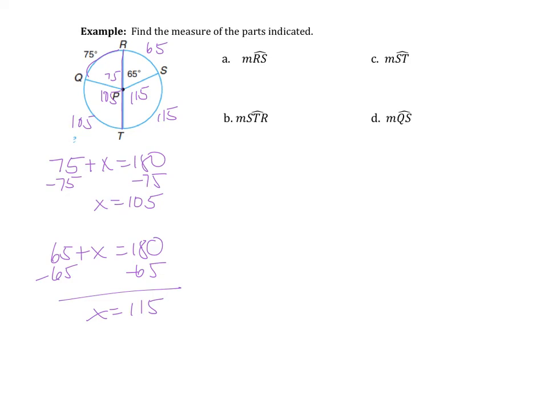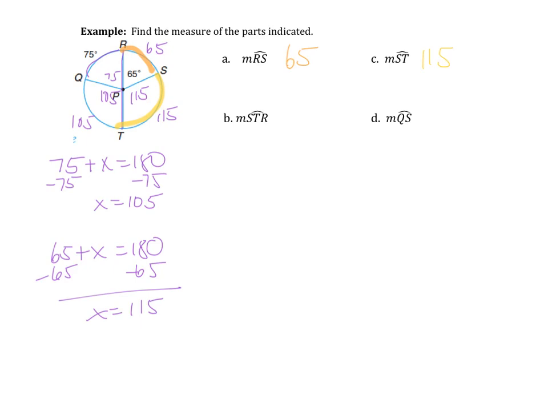Now that I have everything listed, I bet I can go pretty quick to figure out the measures of all of my arcs. So measure of arc RS here. RS, we have 65. Measure of arc ST then would be here. So I see that one is 115.